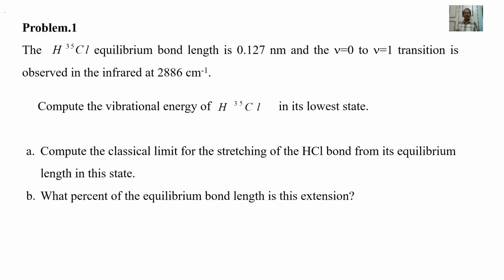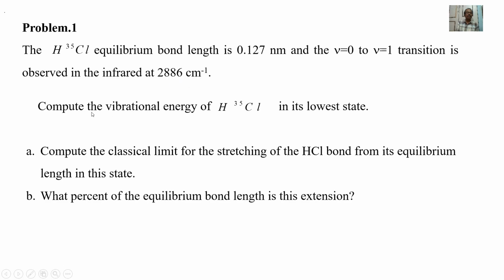Now let us solve one problem. For HCl, hydrogen Cl35, the equilibrium bond length is given as 0.127 nanometer, and the nu equals 0 to nu equals 1 transition is observed in the infrared at 2886 centimeter power minus 1.